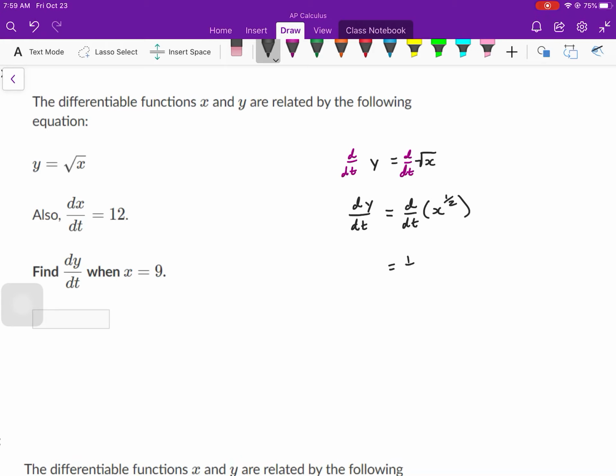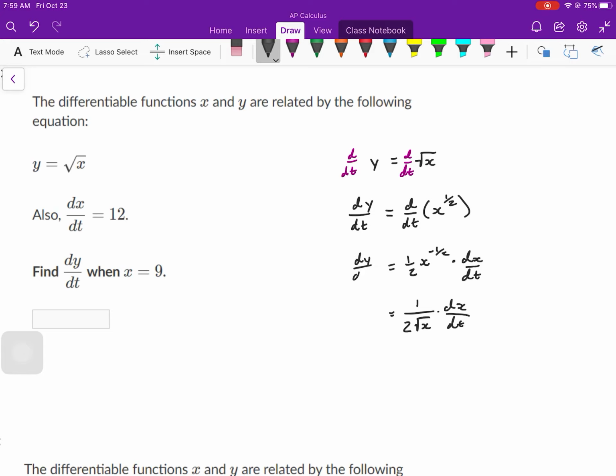So that's going to become 1/2 x to the negative 1/2 times dx/dt. Can't forget that chain rule. We brought down the 1/2, take away 1, and keep the inside the same, then multiply by the derivative of the inside. Then we put that on the bottom, and it becomes 1/2 square root of x times dx/dt.